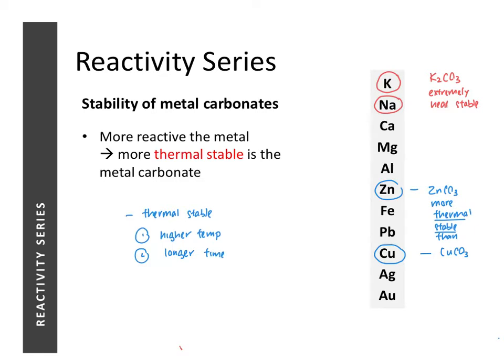Alright, at this point many students will ask why. Why is it that the more reactive the metal, the more thermostable is the metal carbonate? The explanation for why is not within the syllabus of O levels. Okay, in some answers that you will see, they relate the stability to the strength of ionic bonds between the metal and the carbonate.